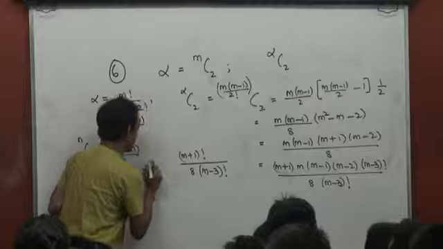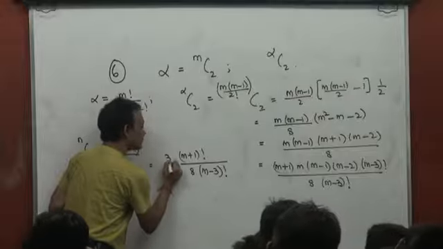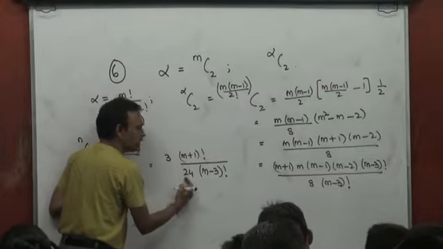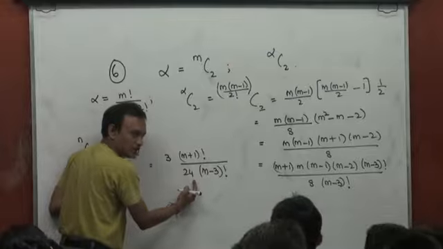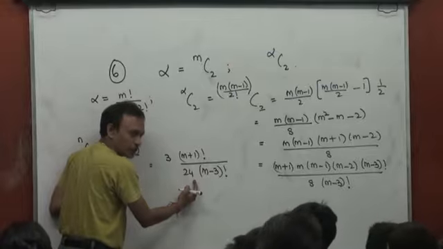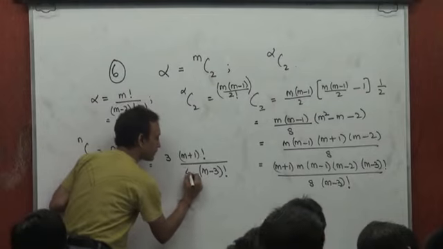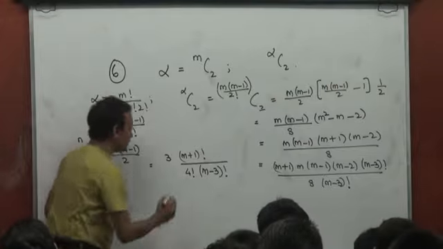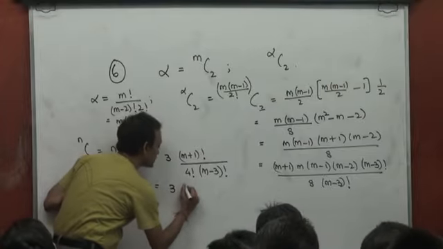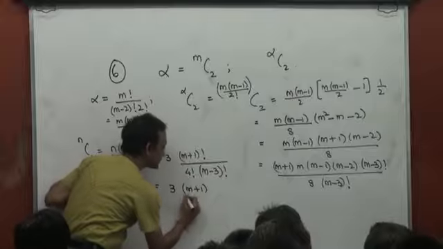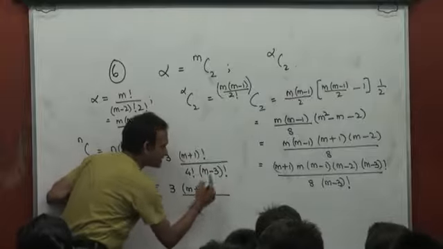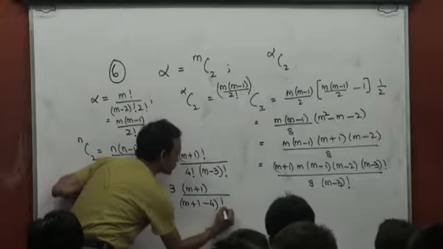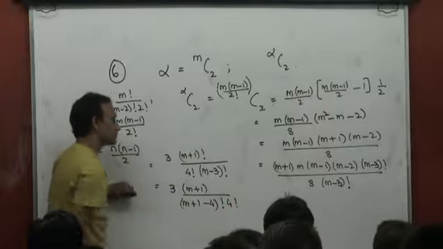Can I write this as 3 by 24? 24 is 4 factorial. Yes or no? So this is like 3 into m plus 1 by, m minus 3 is actually m plus 1 minus 4, by 4 factorial.